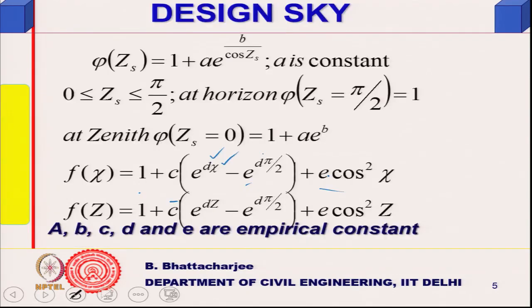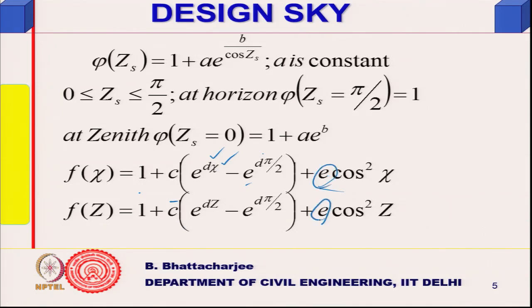This e is a constant, not exponential: e cos square this. There are two functions I am using, one is this, another is f. F is 1 plus c e to the power dz, e to the power d minus pi by 2, e is a constant, cos square of the corresponding angle.